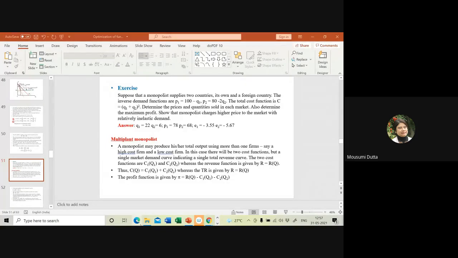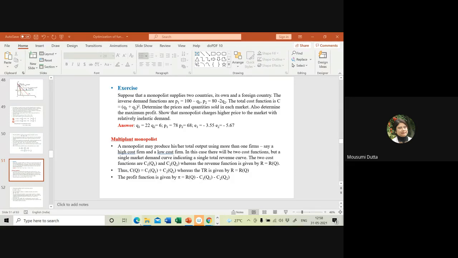This is equal to (100 minus Q1) into Q1, that means 100 Q1 minus Q1 square, plus 80 Q2 minus 2Q2 square, minus, I am breaking this whole square, Q1 square minus Q2 square minus 2Q1 Q2.